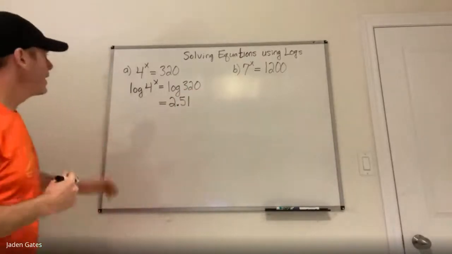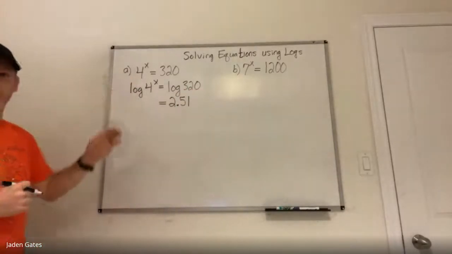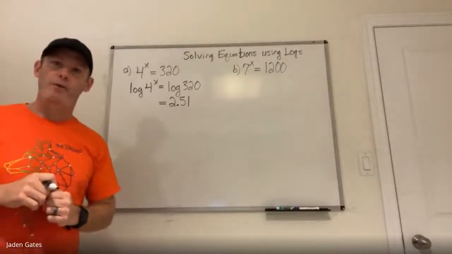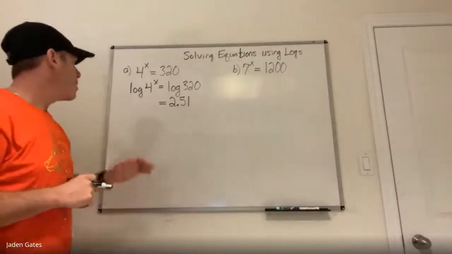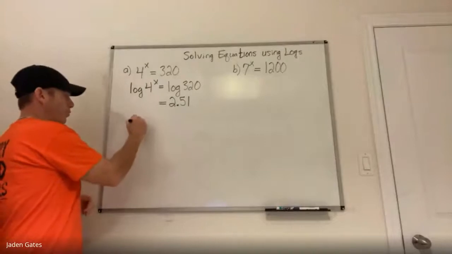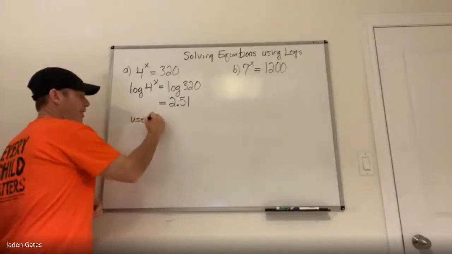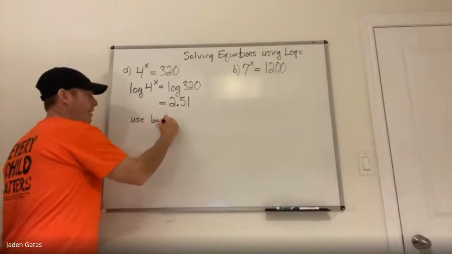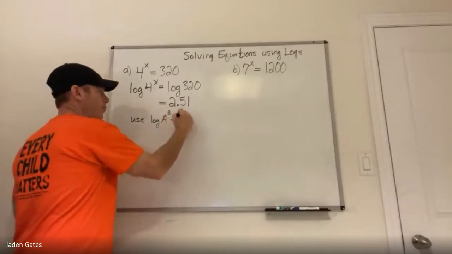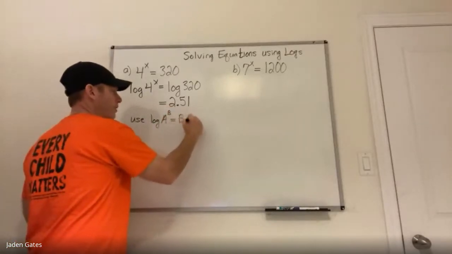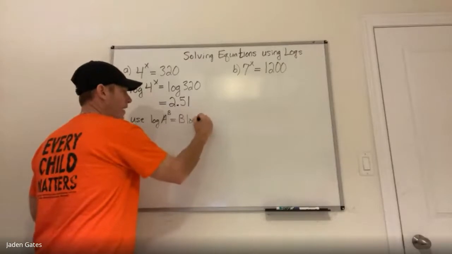Now, over here, the big issue with solving for x is that it's an exponent. But I'm going to use that log rule that I showed you, where the log of a to the power of b is equal to b times the log of a.